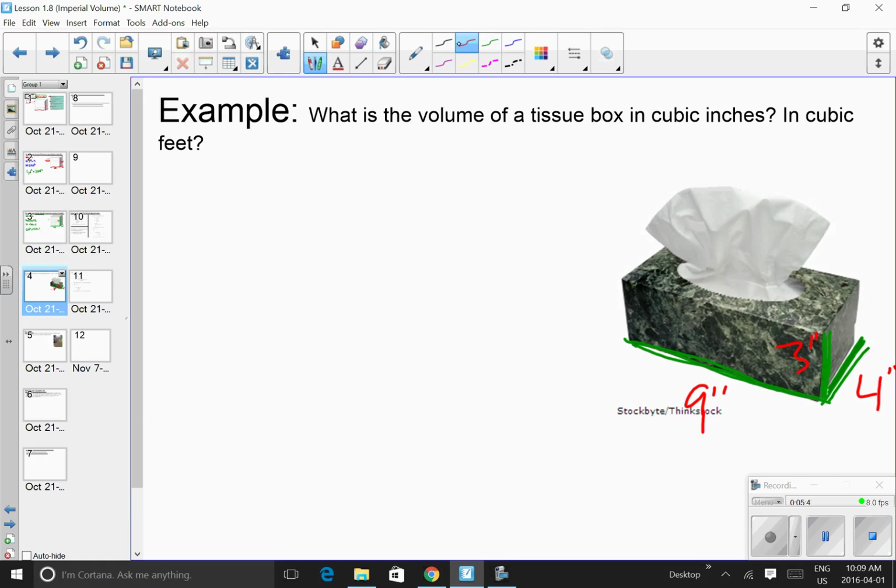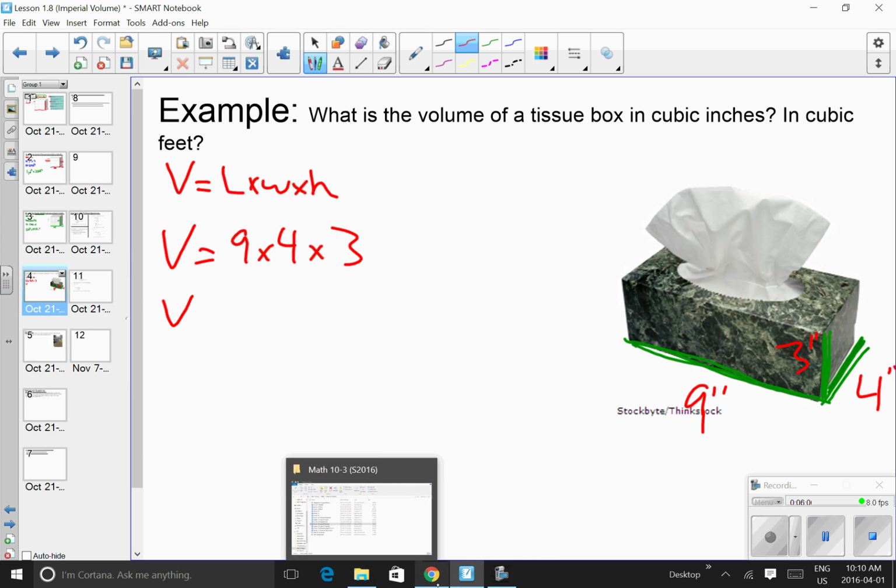So to first figure out my volume, I'm just going to do the same thing I was doing on the last questions. Volume is length times width times height. My length was 9, my width was 4, my height was 3.